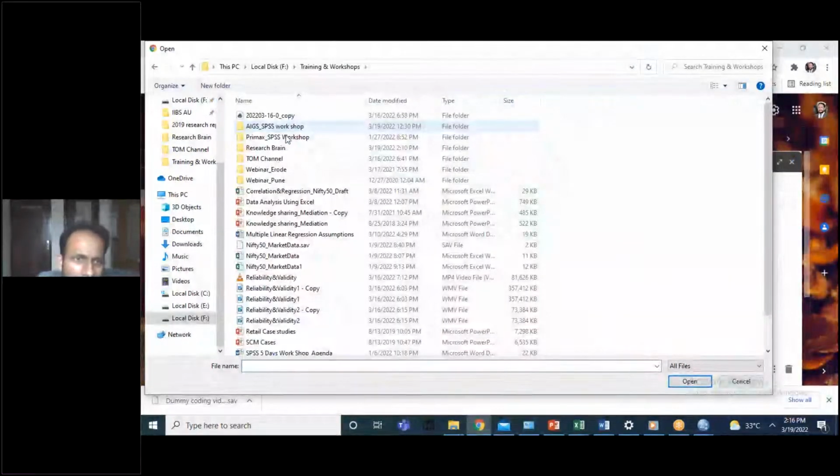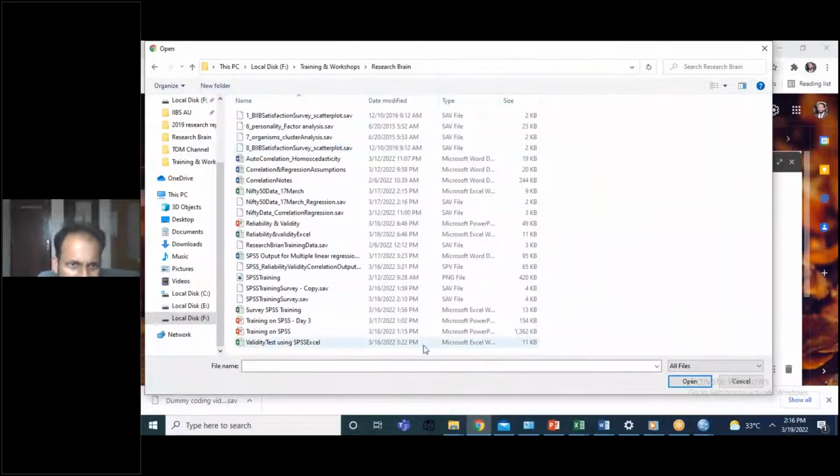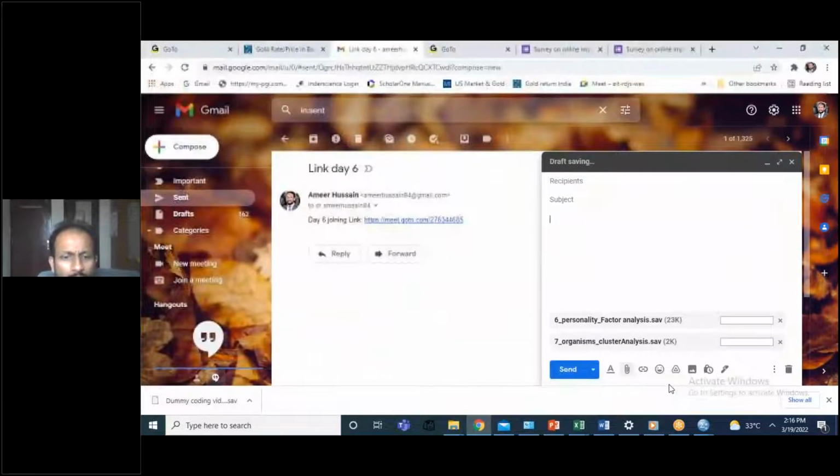So I will share the standard data set for SPSS, which you can open and use for your practice also outside of training. This is personality factor analysis and cluster analysis. These are the two data sets I wanted to share with you. I will share it on WhatsApp.